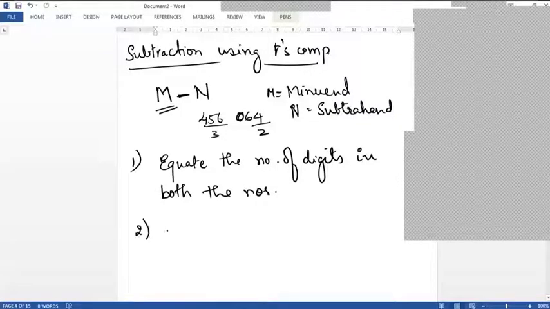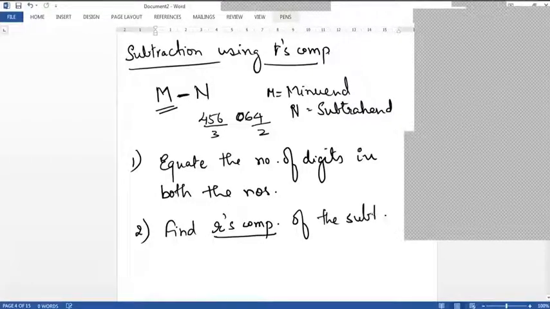Second step is to find r's complement. We are doing subtraction using r's complement, so find the r's complement of the subtrahend. That means what I have to subtract, I will find its r's complement.